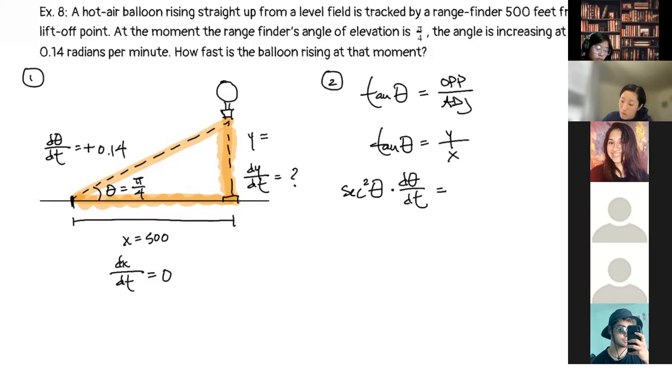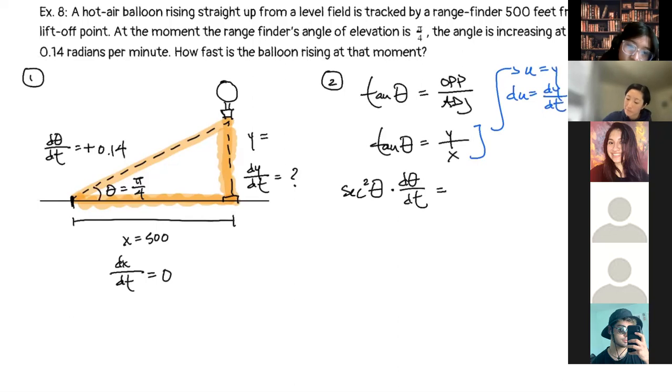Equals, what rule will I need for the right-hand side? I want to take a derivative. Yeah, I'm going to need the quotient rule. So let's do this off to the side. I have u equals y, v equals x, but our du and dv are going to look a little different here. Our derivative of x is going to be dx dt. Our derivative of y is going to be dy dt.